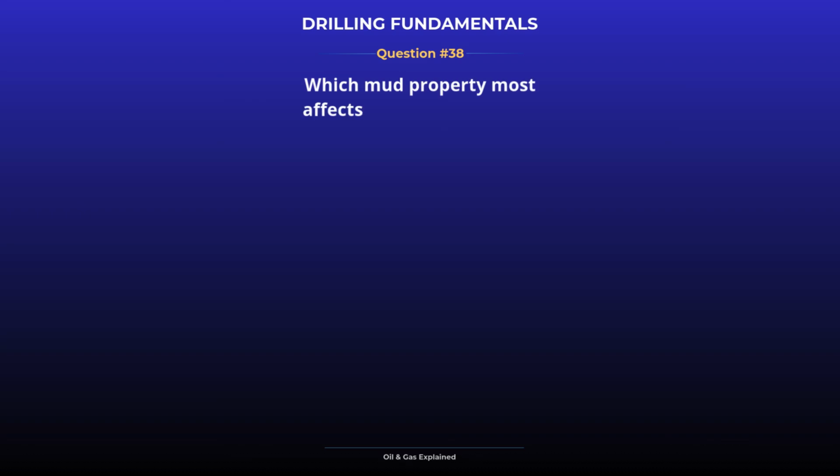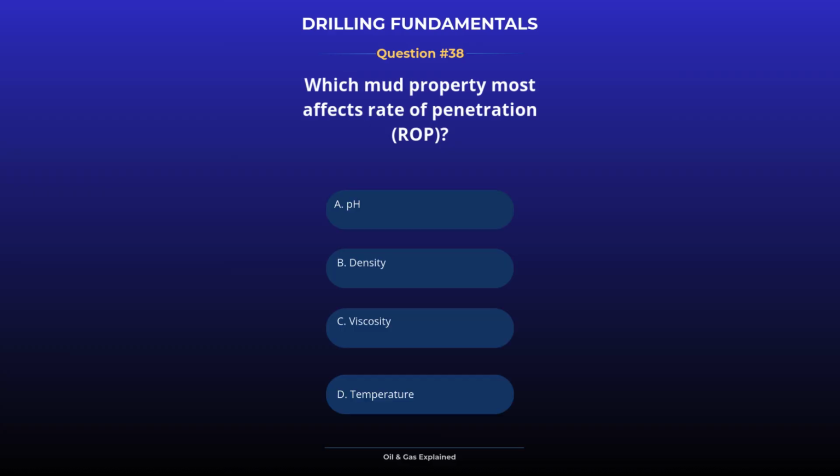Which mud property most affects rate of penetration, ROP? Higher mud weight increases bottom hole pressure, which can reduce ROP.